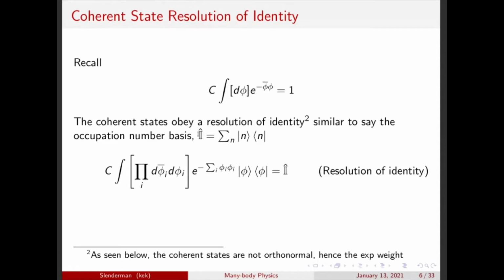For example, you can write it using the occupation number basis. So it's the sum of outer products of the occupation number basis vectors. Or you can use these coherent states I was just talking about to write I. Turns out it's a little more complicated because these states are not orthonormal. That's why you need a weighting factor here.